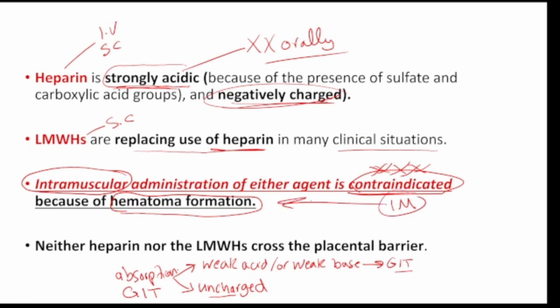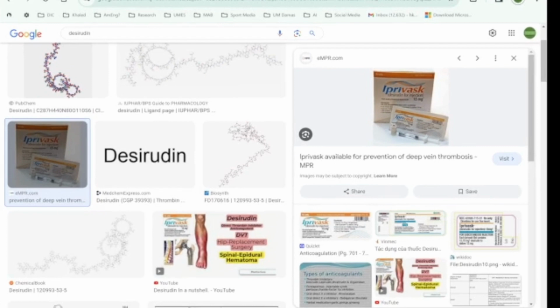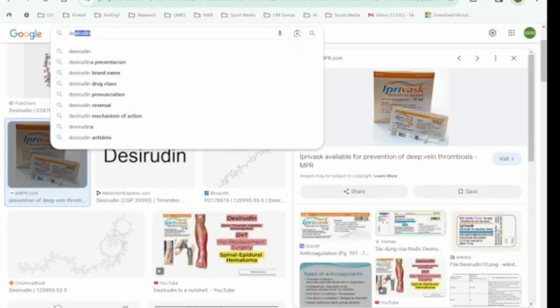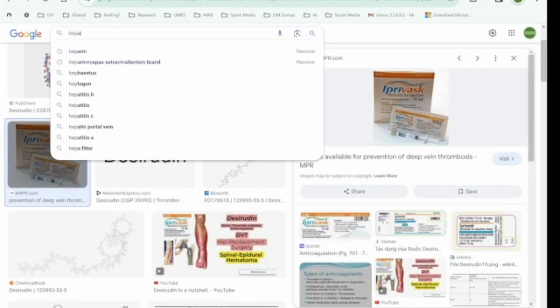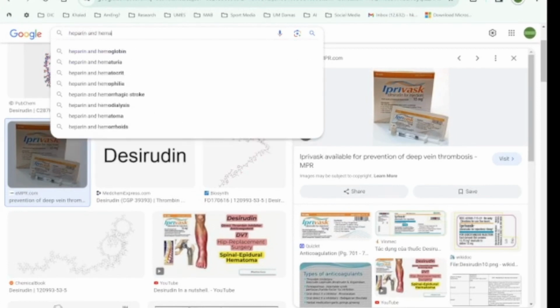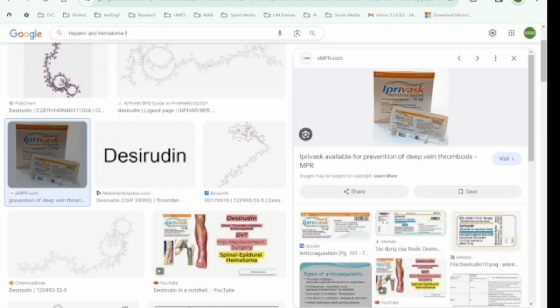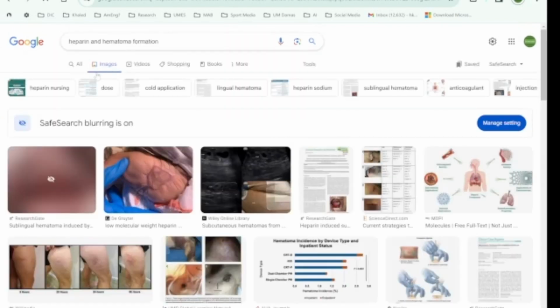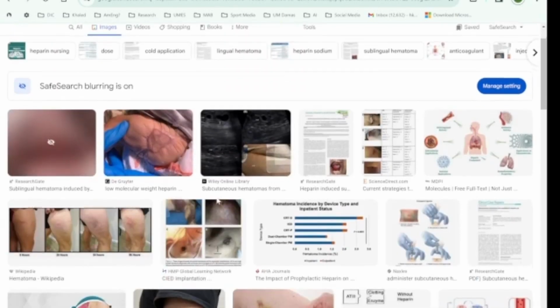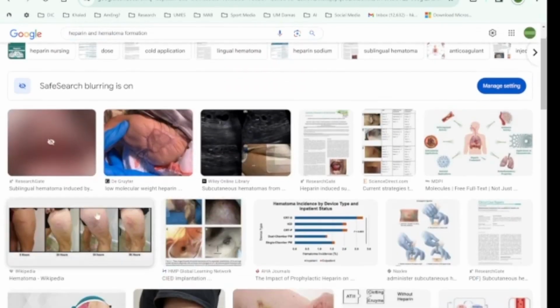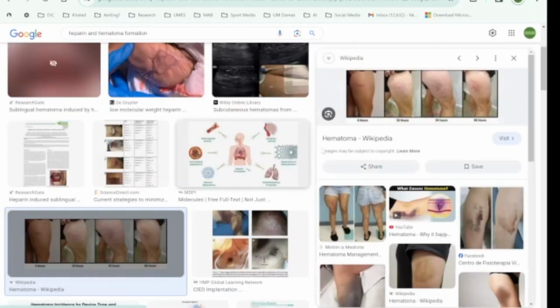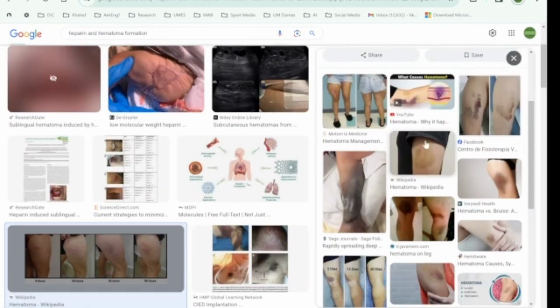For example, I'm not sure if we are able to do something in Google images. For example, we can type here. Okay, you can see here we have some cases of hematoma on the skin, some hematoma also here.